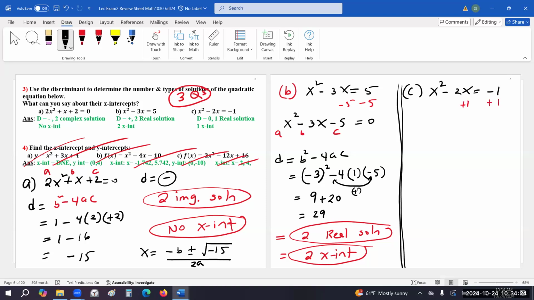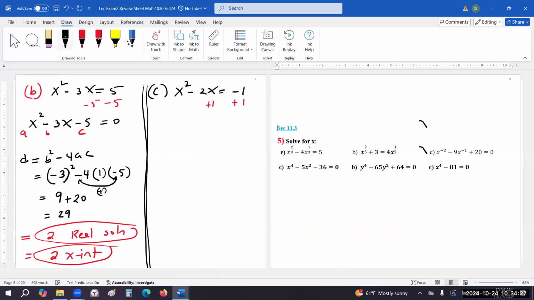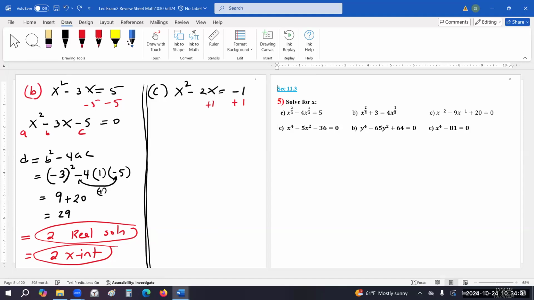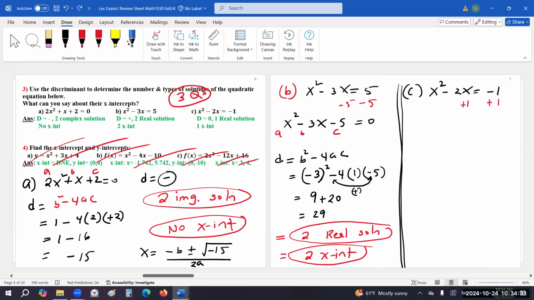We cannot have C lonely, so we have to bring C next to A and B. So we have x squared minus 2x plus 1 equals 0. And now we are happy, we can find the discriminant.